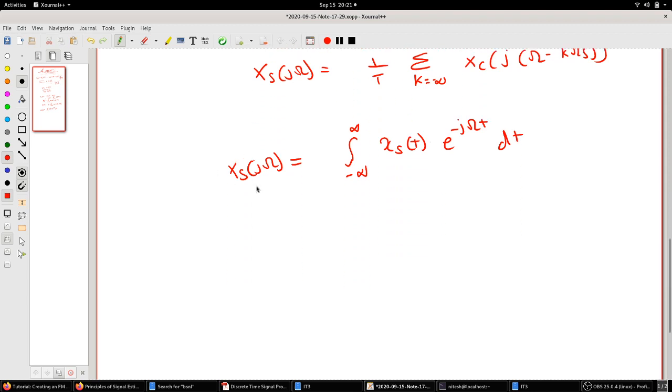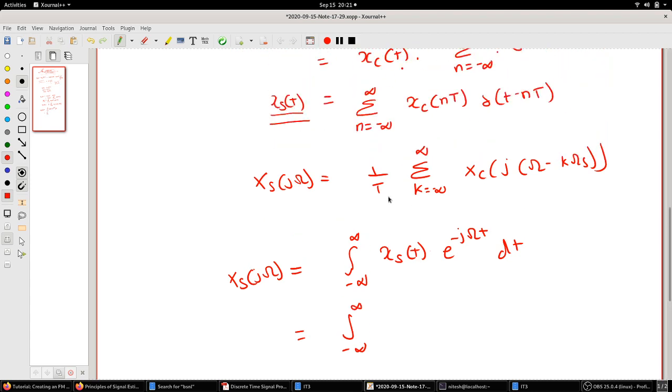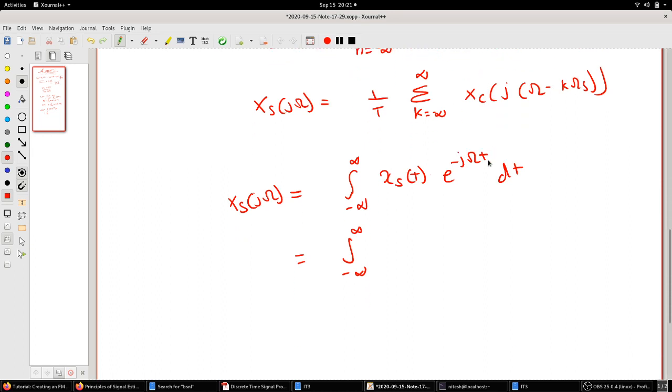Now xs of t is given, if you look at this equation here, as summation n equal to minus infinity to infinity xc of t into delta of t minus nT into e raised to minus j omega t dt.